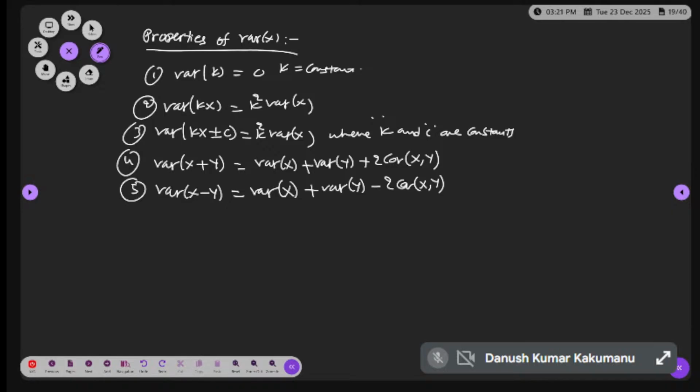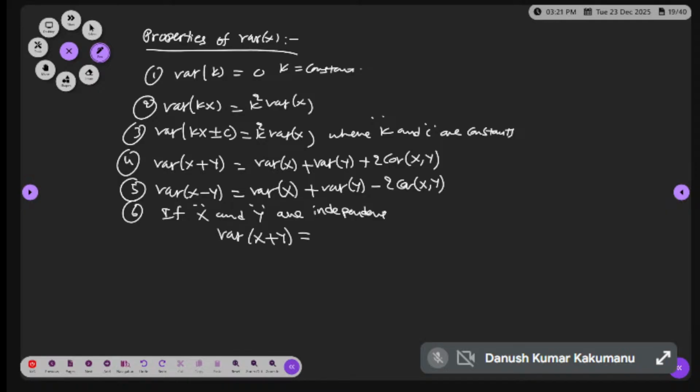Sixth one. If x and y are independent, what is the variance of x plus y?